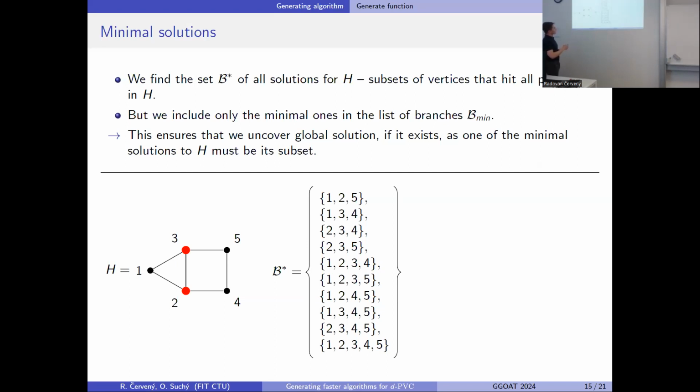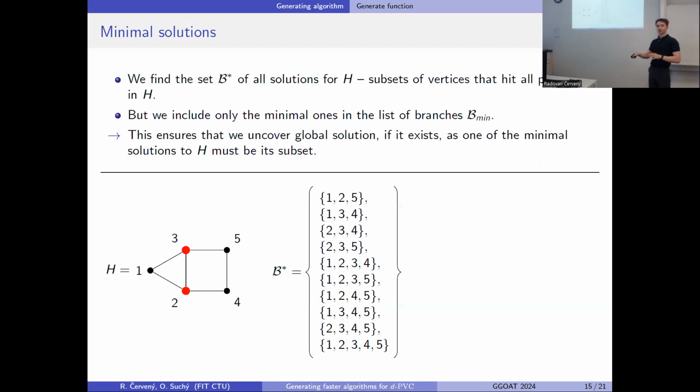If I remove 1, 2, 5 from this graph, what remains does not contain, in this case, I believe, a path on 5 vertices. Sorry, it's my fault. But if I were to remove, let's say, just 5, you can see that it just remains, so it's not a solution.